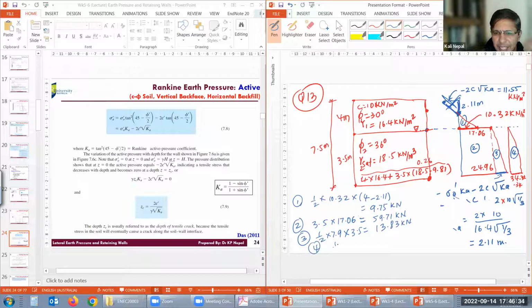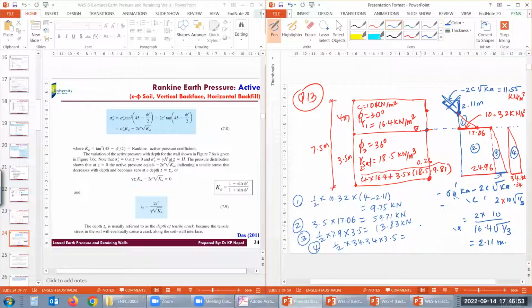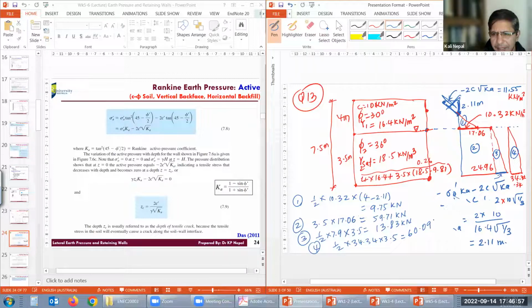All right, so now water remaining. Water is easy. Half base is what? 34.34. 34.34 times height 3.5. Can you do that for me? 60.09. 60.09 kilonewton. Oh, the water pressure is the highest.